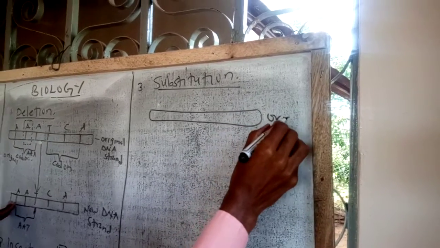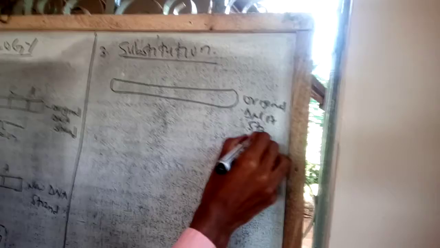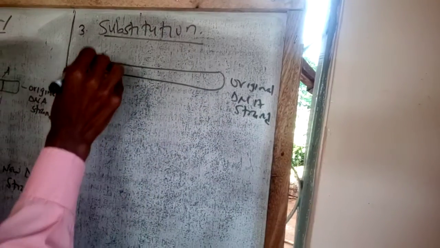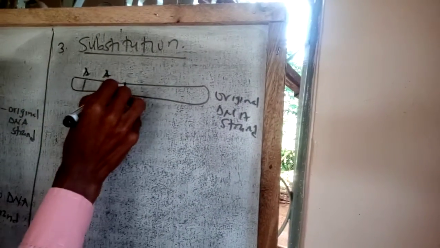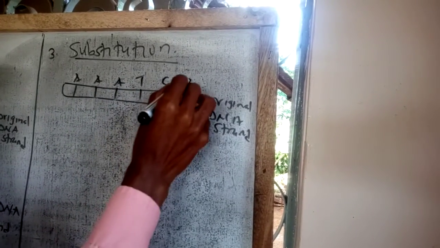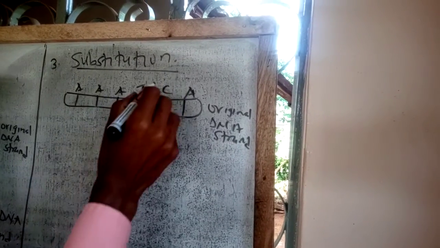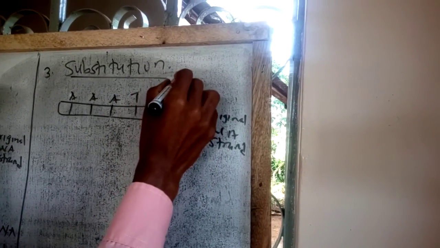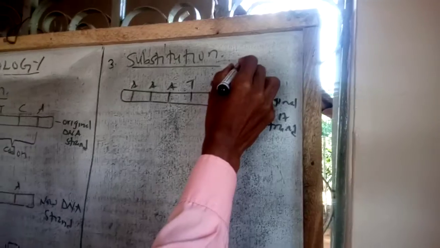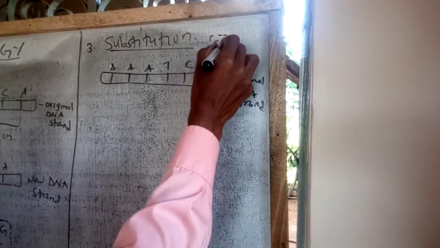This is the original DNA strand, and therefore we have thymine, cytosine, and adenine. And therefore you can find that the letter G, the guanine, this is a nitrogenous base.